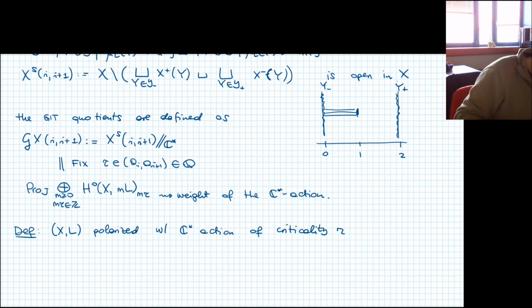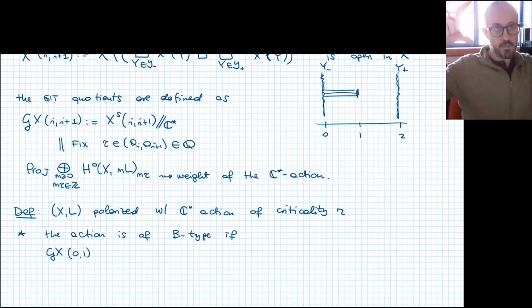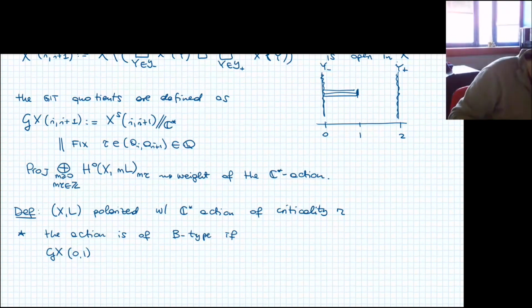The quotients associated to the first map and the second map are just X minus and X plus.